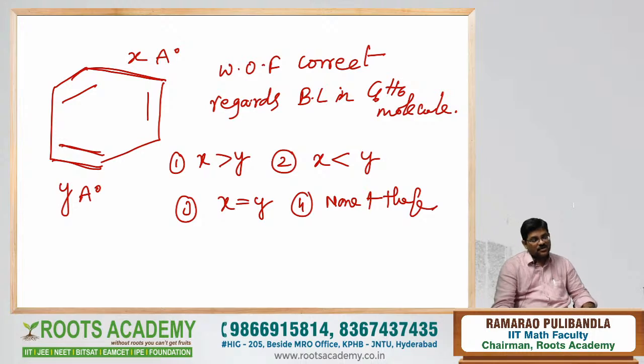In the benzene nucleus, the single bond length is X angstroms and the double bond length is Y angstroms. BL means bond length in the benzene molecule. Which of the following is correct?